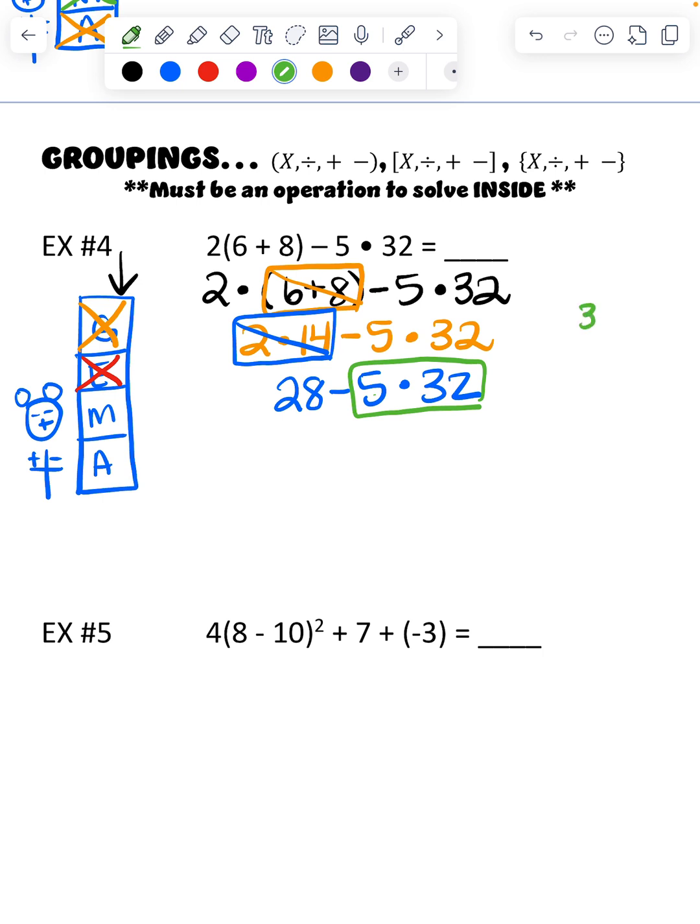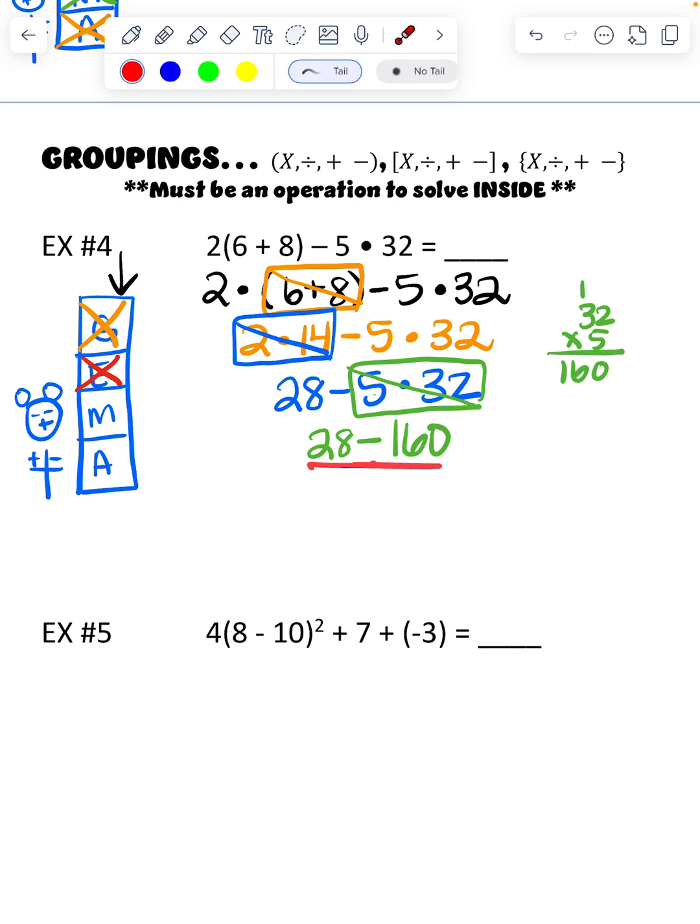If you don't know it in your head, you could come over to the side and multiply it and see that the answer is 160. I solve for 160, cross it off, and rewrite everything outside of my box. I don't have any more multiplicative relationships, so I'm going to mark off my multiplicative section.